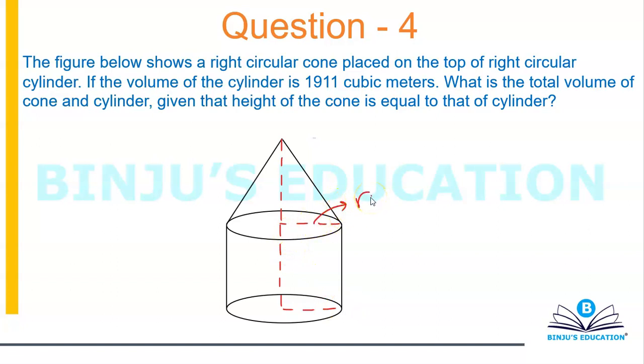That will be same for cylinder and cone. Let's consider the height to be h1 for cone and height to be h2 for cylinder. So I can say that pi r square h2 is 1911.